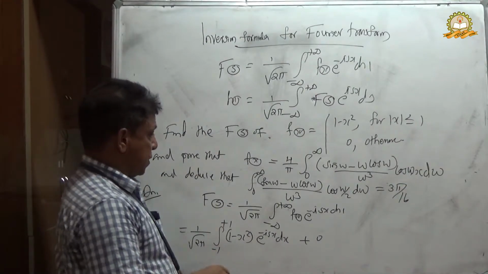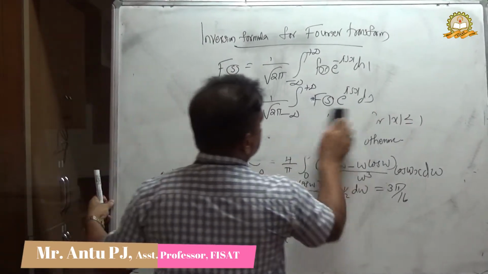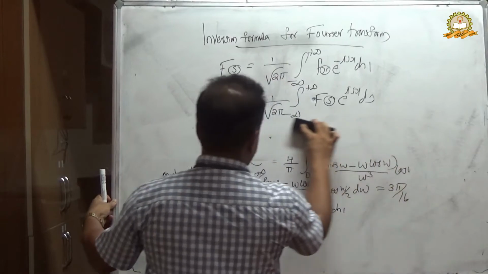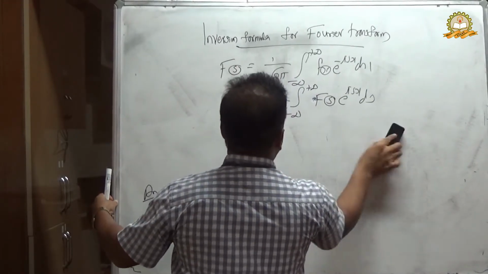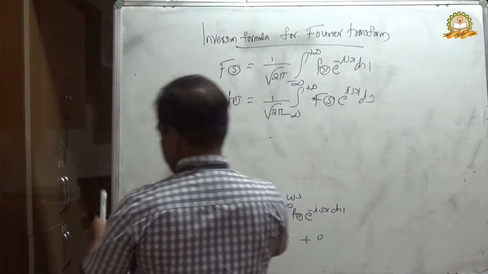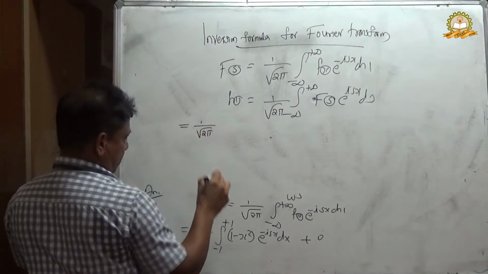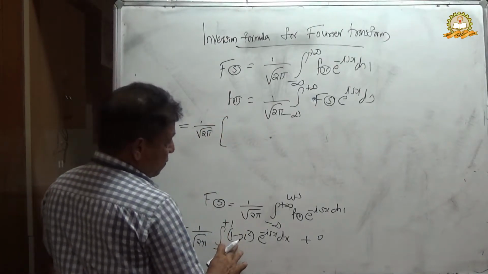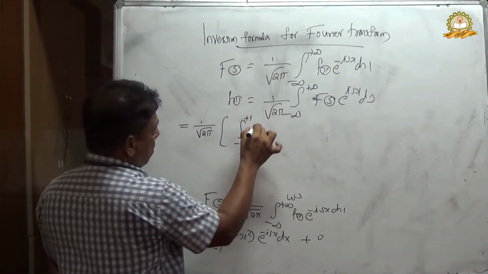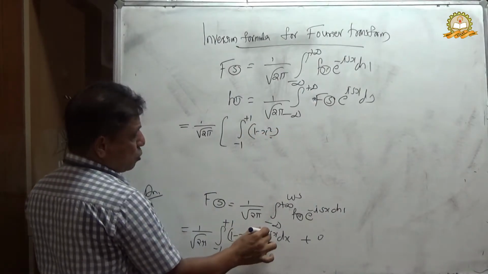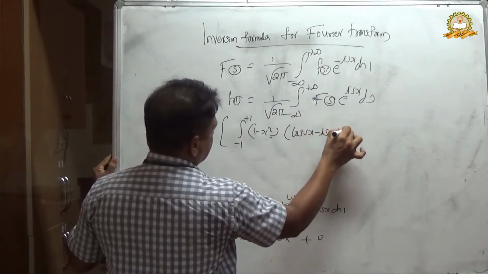Then we can integrate this one. That is, 1 by root of 2 pi times the integral from minus 1 to plus 1 of 1 minus x square into e raised to minus isx dx.